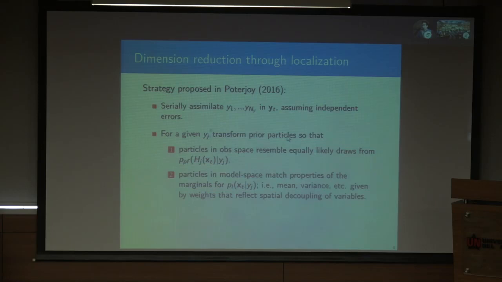And so in obs space for each of these iterations, you're going to essentially just have the particle filter estimate of that PDF. And in model space, which is much trickier, the goal is to just match different marginals of this localized probability density that we defined on Tuesday. And that means just the mean, variance, and even higher order moments. And so because of the sampling step in the first part, that's how we're treating the multivariate problem. But we're not really matching direct multivariate estimates from this localized PDF. We're only trying to match the marginals.